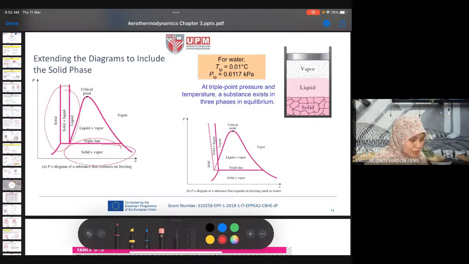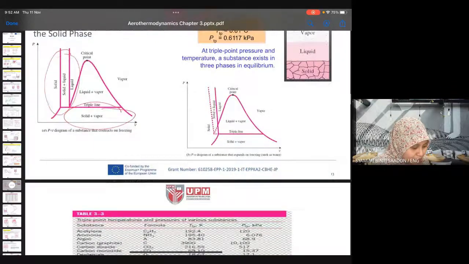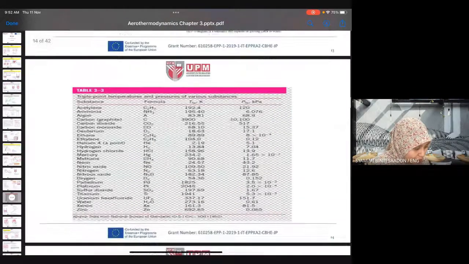Going from solid to liquid is the melting process, and the opposite is freezing, right? Liquid to solid. And then we have solid and vapor also. Solid we seldom use in this aerothermo.